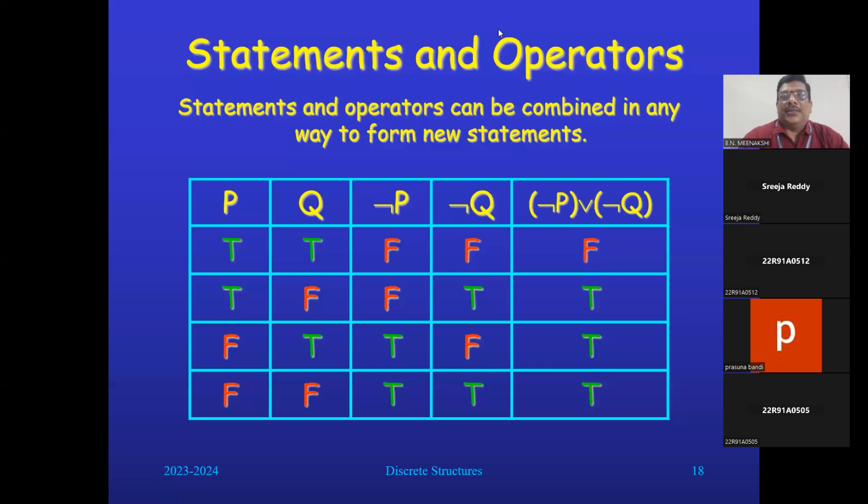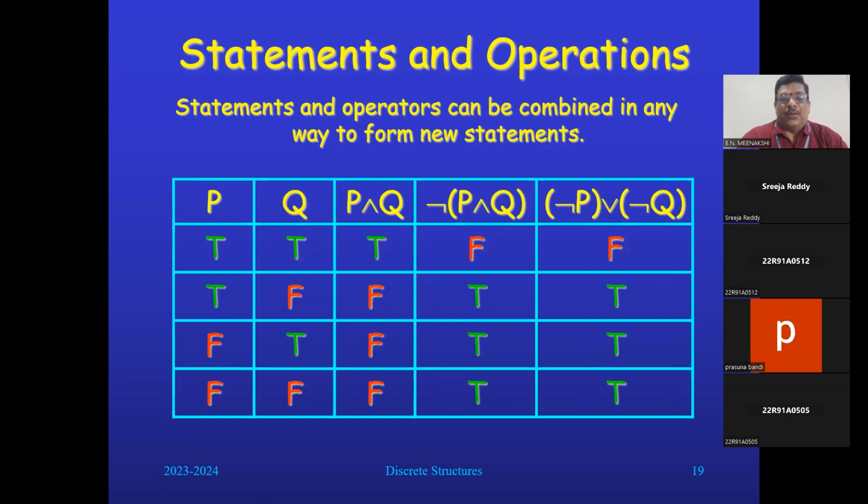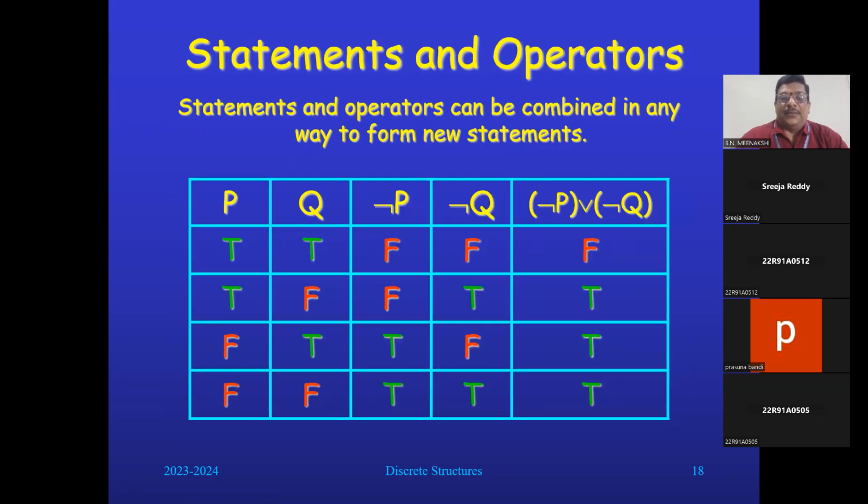Now, in this one, we have P and Q. P is a proposition. The values are true true, true false, false true, and false false. Then here, what is this symbol?